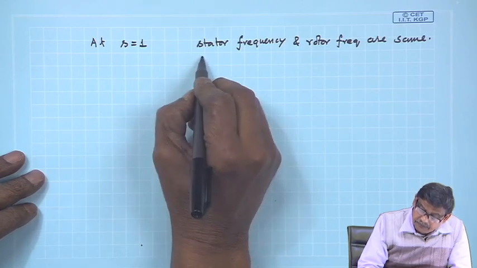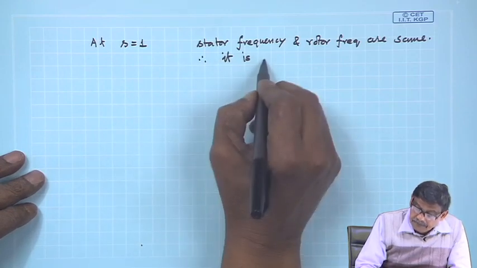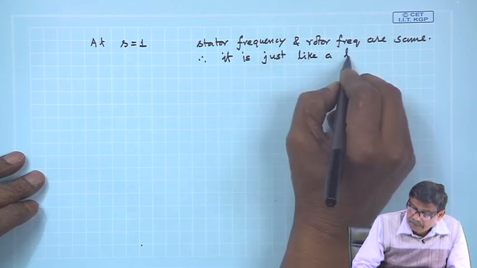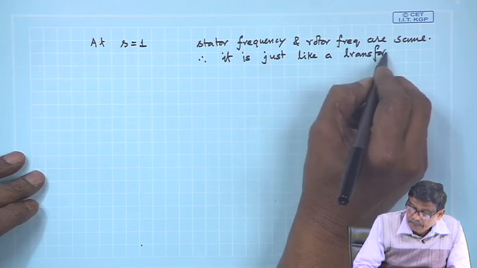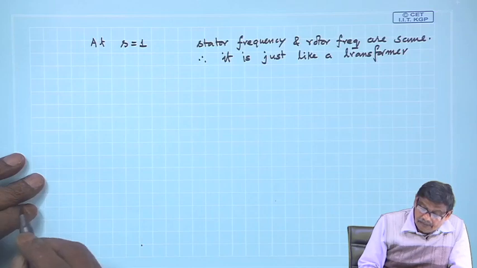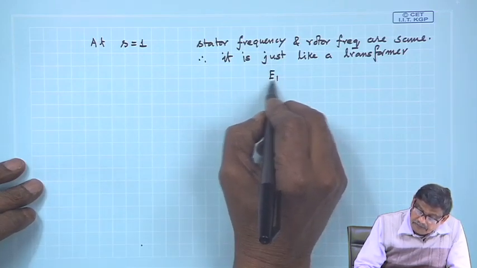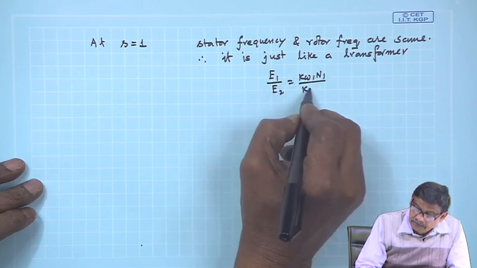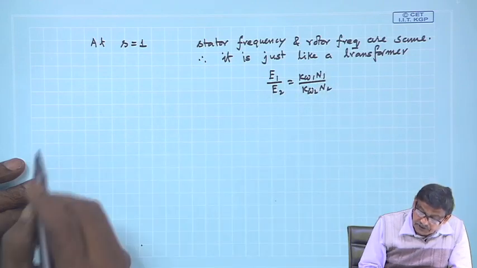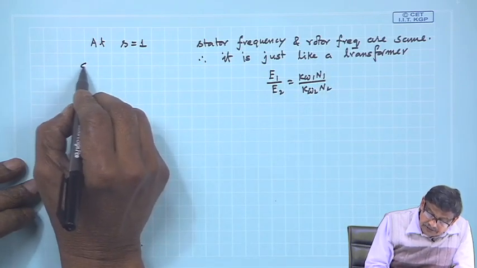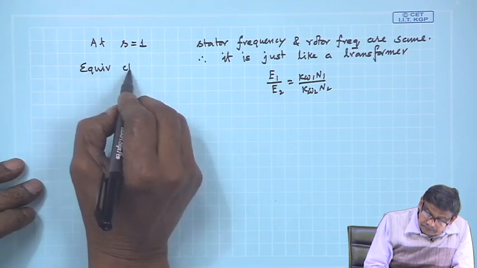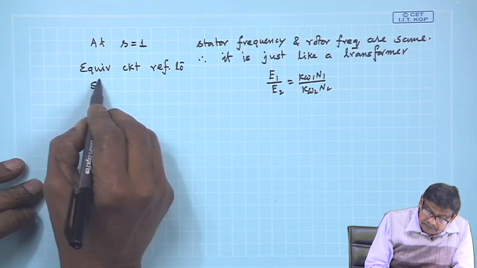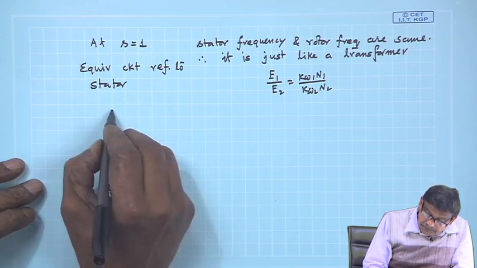Therefore, it is just like a transformer, because E1 by E2 is equal to kw1 N1 by kw2 N2, the effective turns ratio, and the equivalent circuit referred to the stator will be simply this.